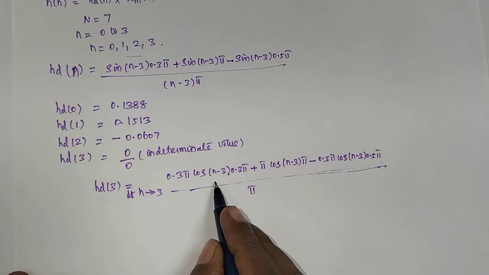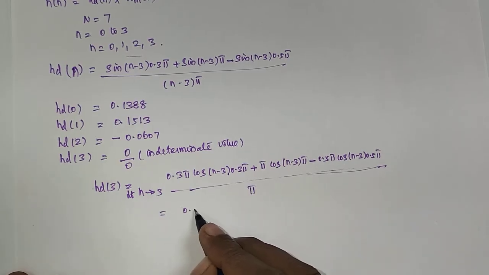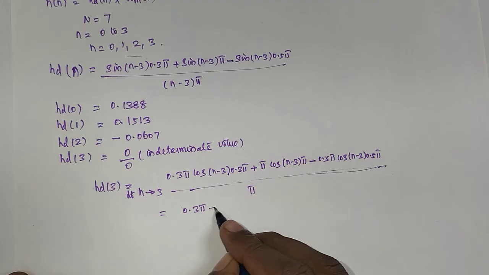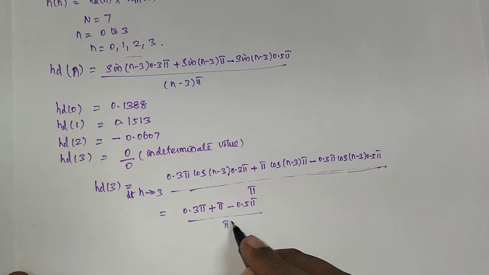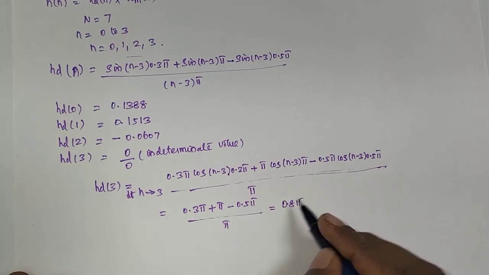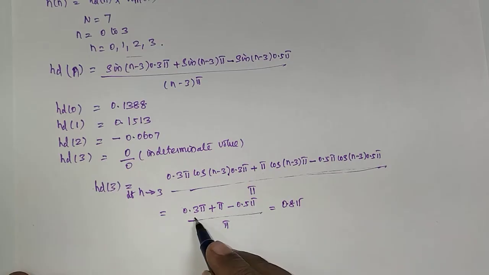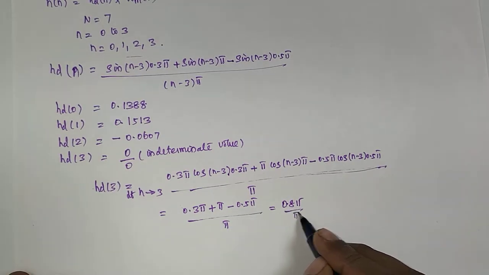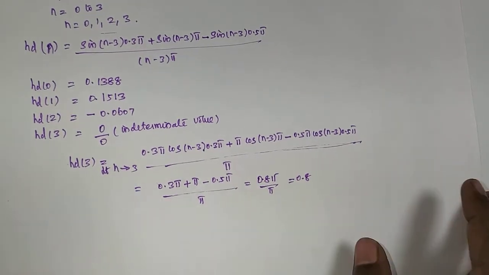So put n is equal to 3. Cos 0 value is 1. So the answer is 0.3 pi plus pi minus 0.5 pi by pi, which is equal to 0.8 pi by pi, that is 0.8. For hd of 3 it is 0.8.